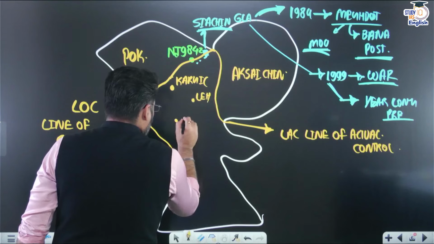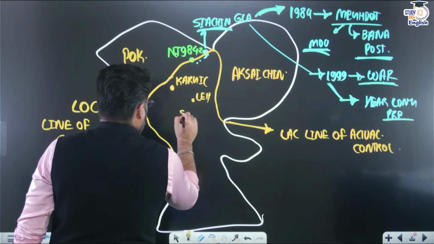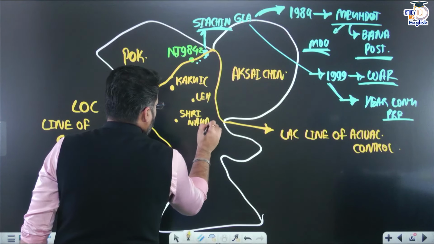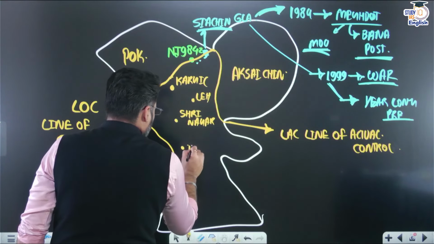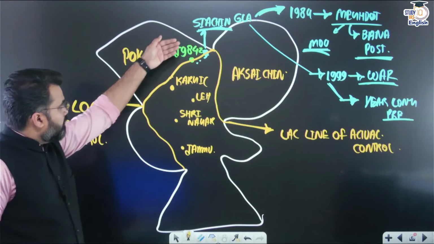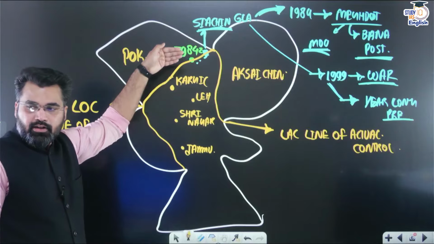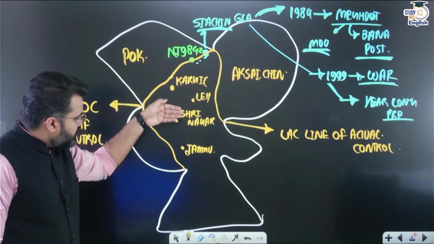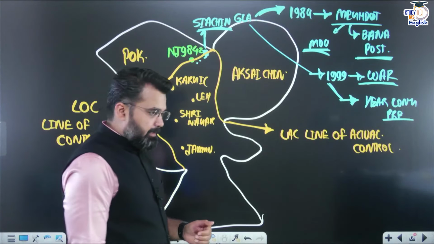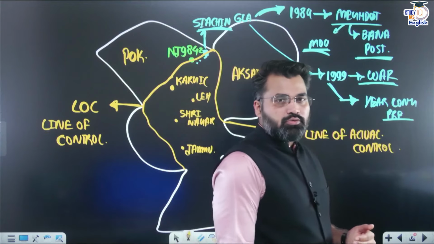This side is Srinagar. This side is Jammu. Okay. So make sure: Siachen, NJ9842, Kargil, Leh, Srinagar and Jammu. These are the exact locations of the points from north to south.